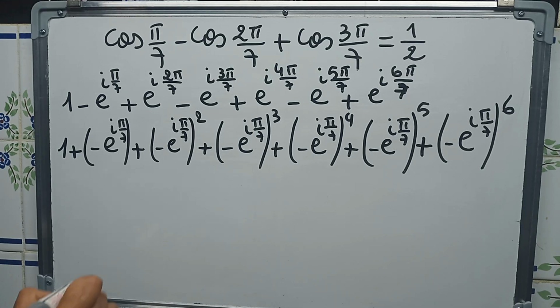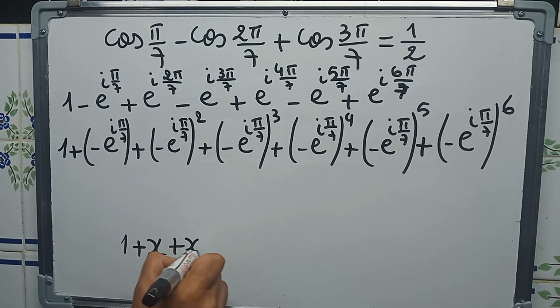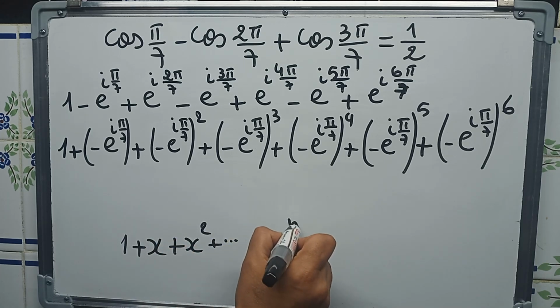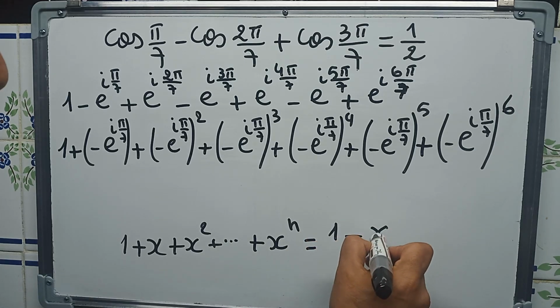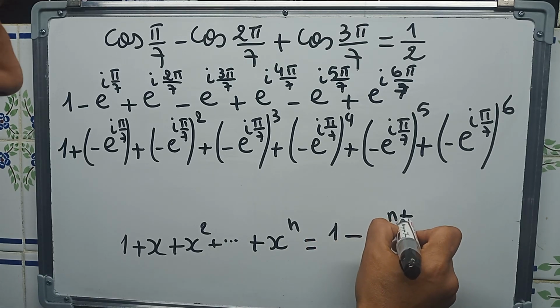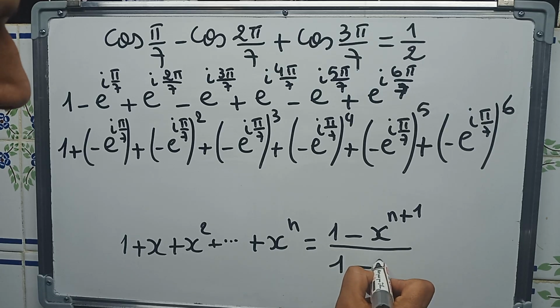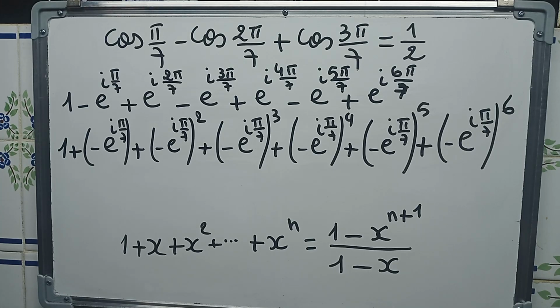And we know that 1 plus x plus x squared plus up to x^n is equal to (1 minus x^(n+1)) over (1 minus x). So here we will use it with our x equals minus e^(i pi over 7).